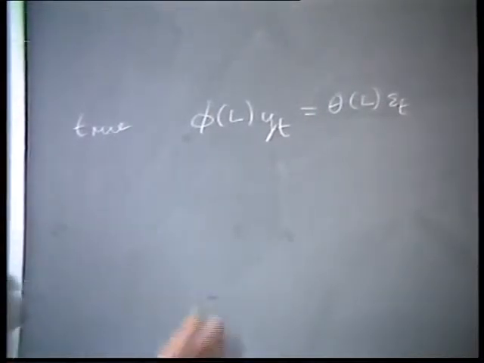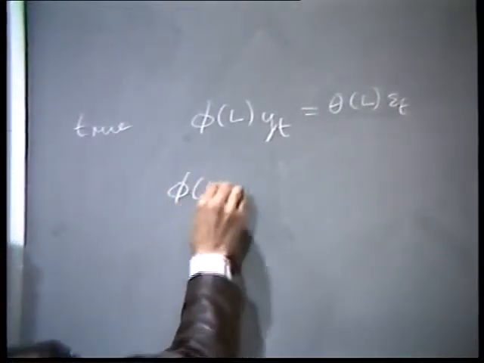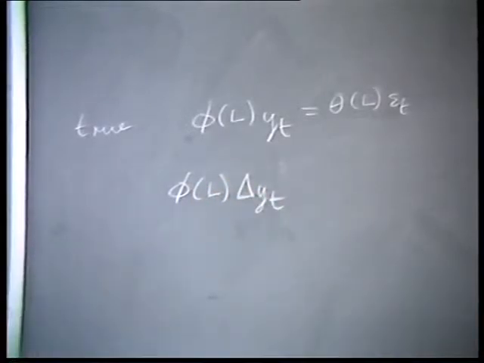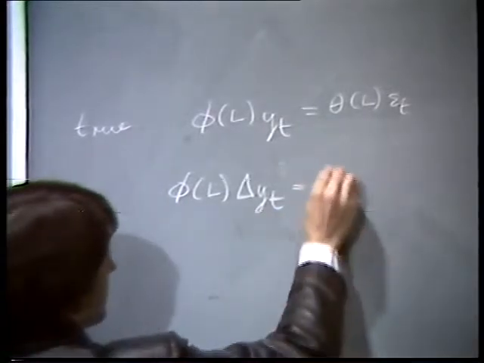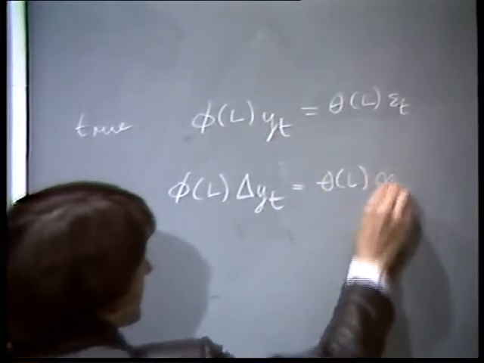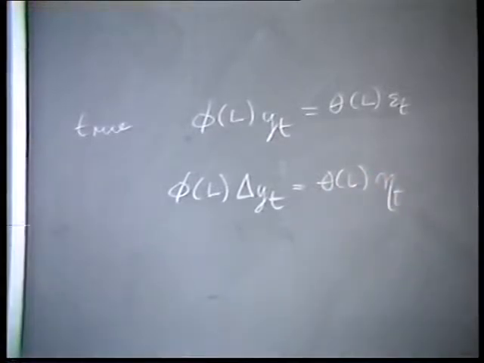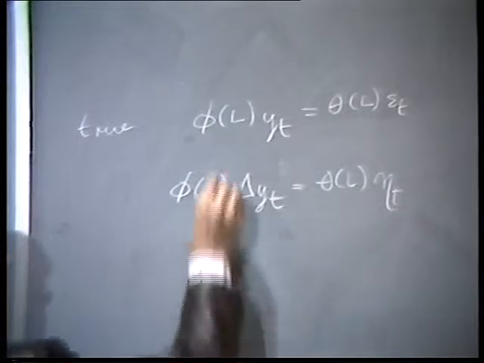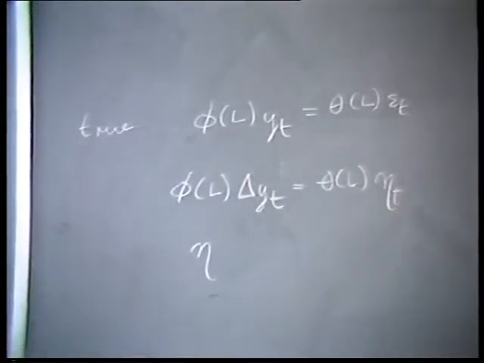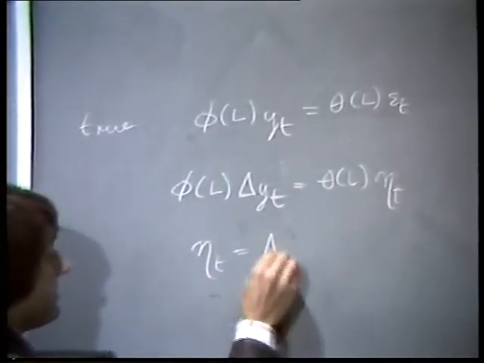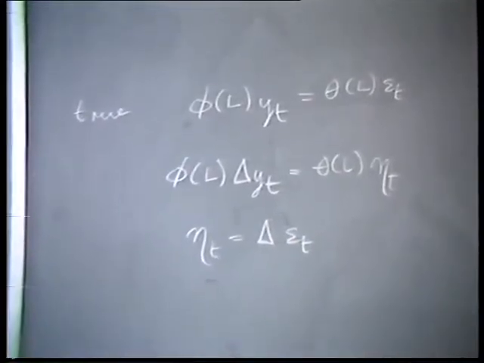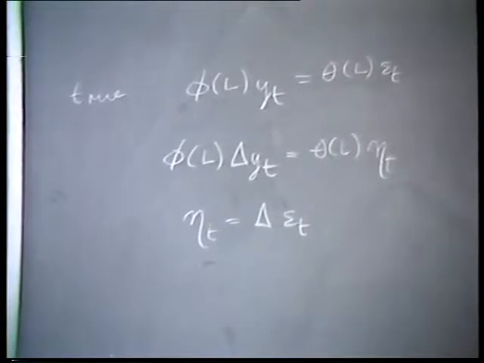Then if we over-difference and introduce delta yt so that we only modeled delta yt, then this would correspond to modeling an equation of that type. And given that this is the true model or best model, the implication is that e to t is in fact the first difference of epsilon t.